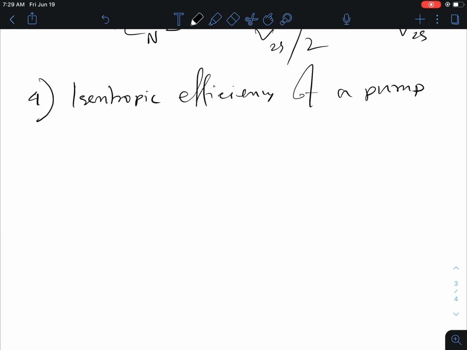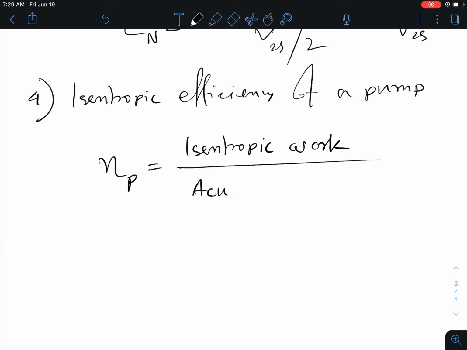We know the definition of the efficiency of a pump equals the isentropic work divided by the actual work consumed by that pump.